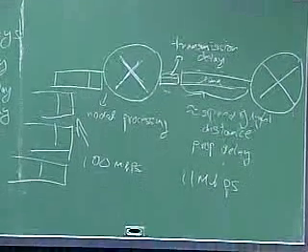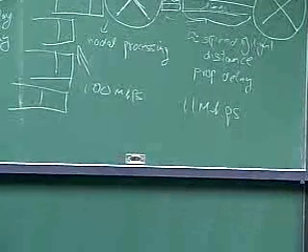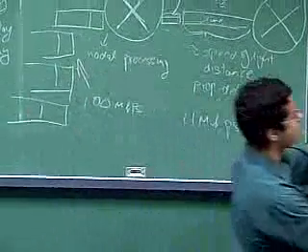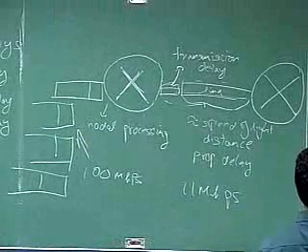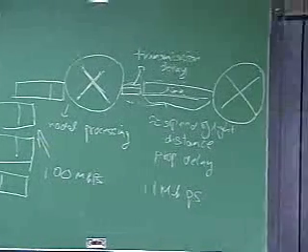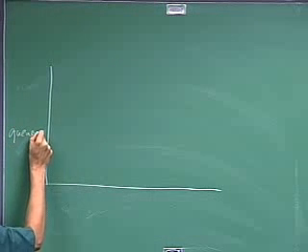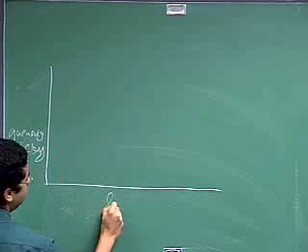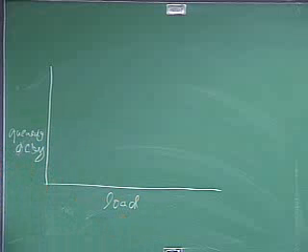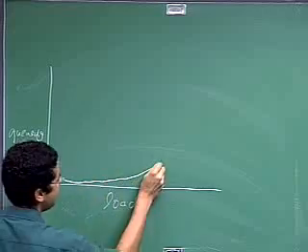So when this queue grows really large, look at the figure that I drew last lecture of the average queuing delay versus load. It looks something like this.